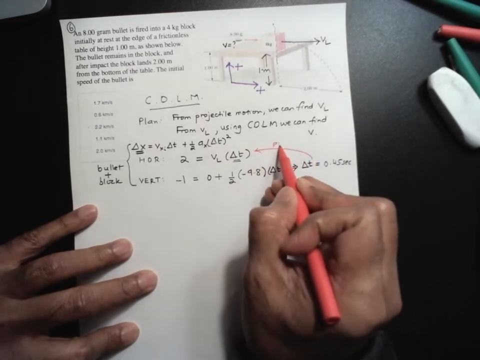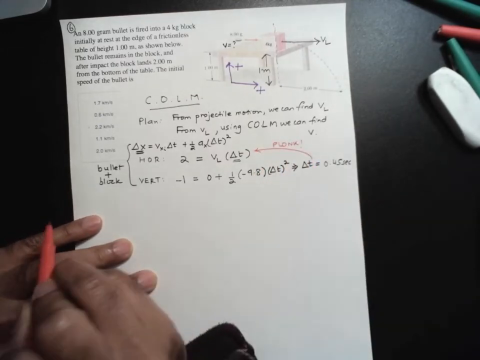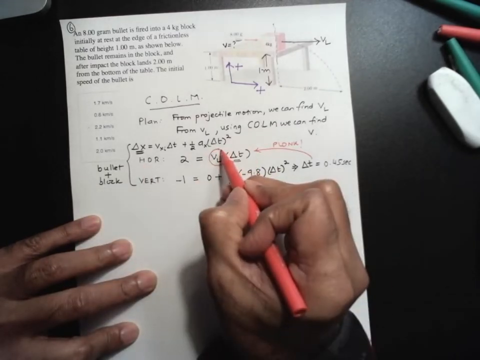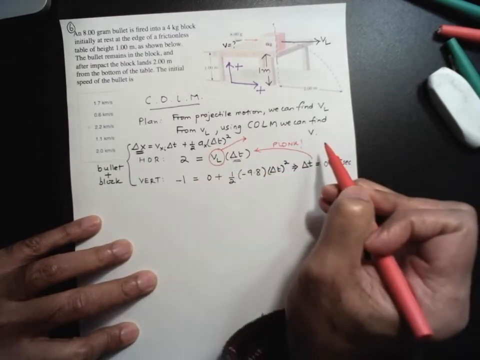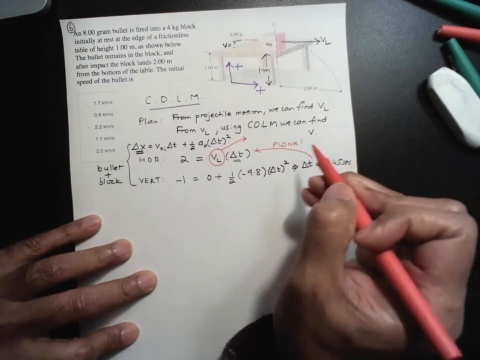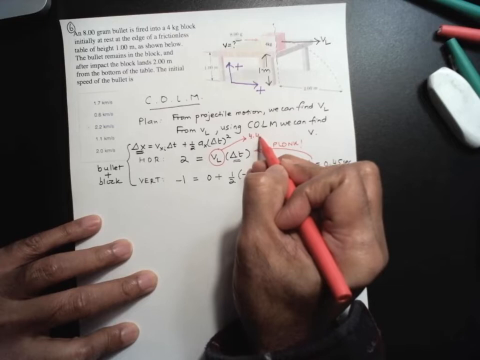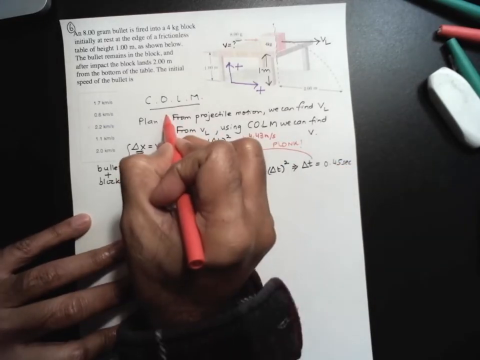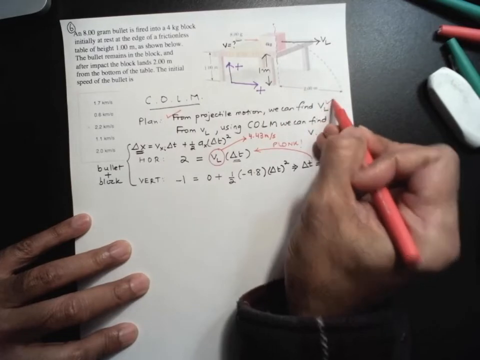So this then I take and plug into this equation, and I find V sub L works out to 4.43 meters per second. So my first step here is done.